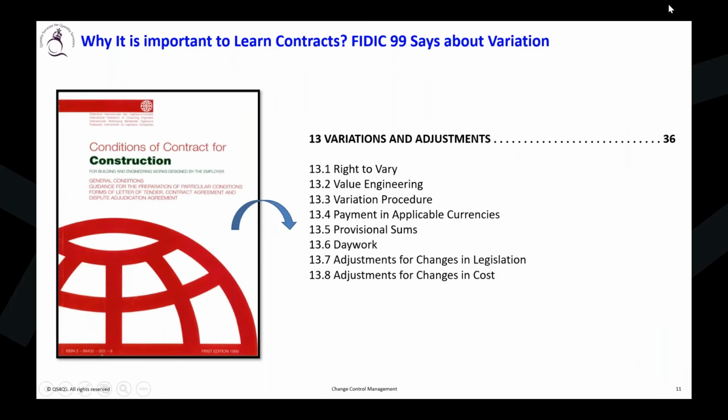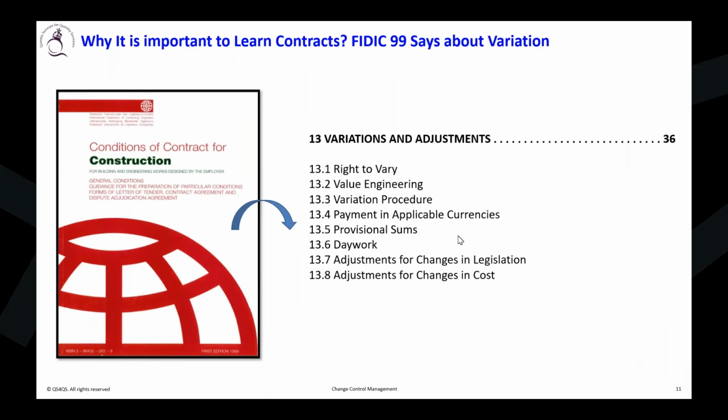Think about it. The contracts are well interconnected. For example, FIDIC has 20 subclauses. These subclauses are interconnected with all the other subclauses. You can't learn segment-wise, variation only subclause 13.